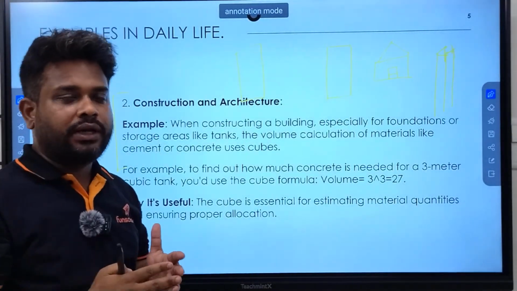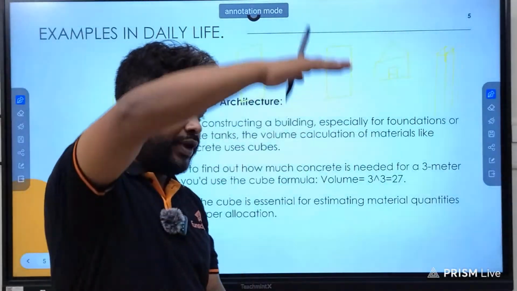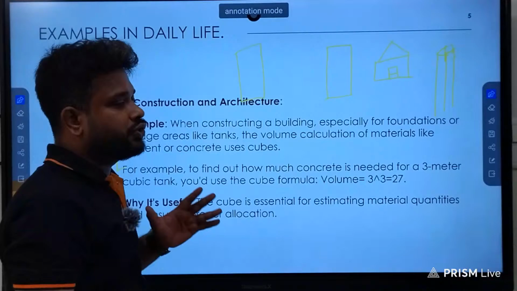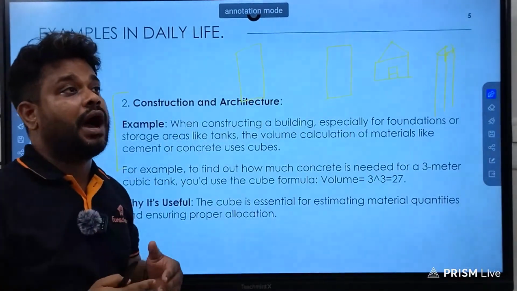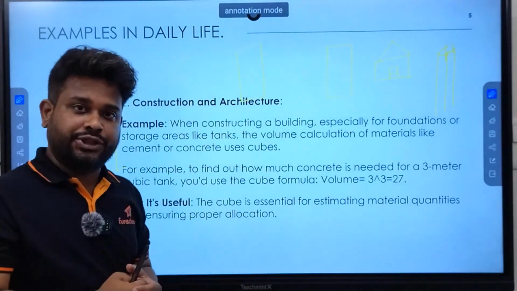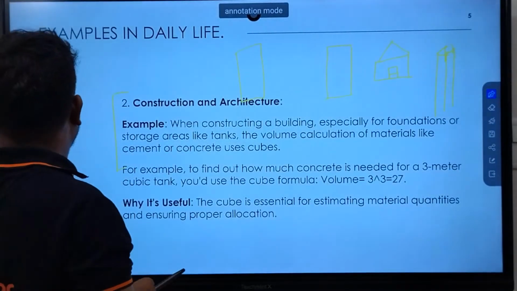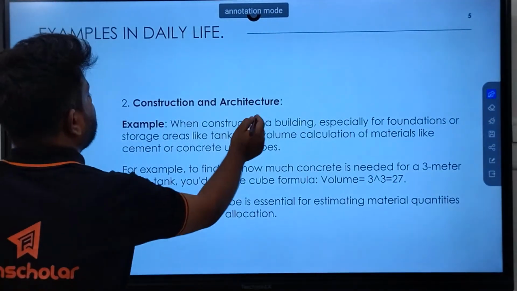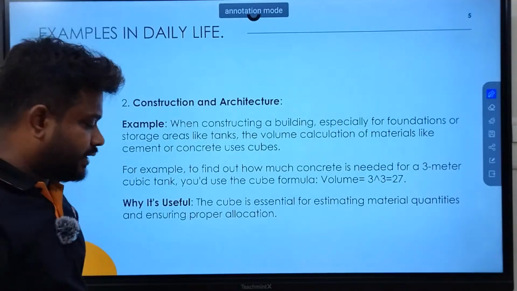If you don't round it, then it will be a straight cuboid, right? So for those we have to find out how much cement we have to put in to make it a solid shape. To find this kind of solution we need cube and cube roots, right?